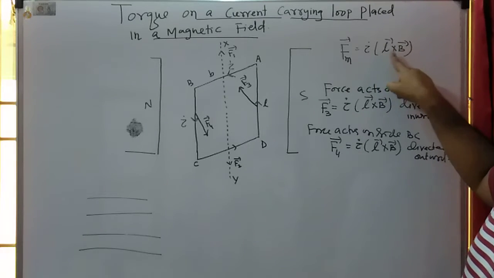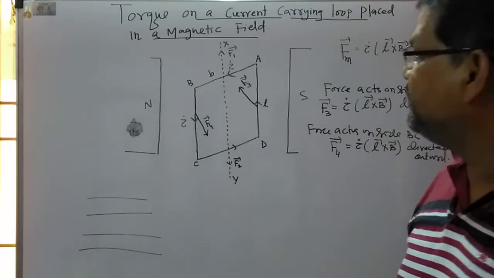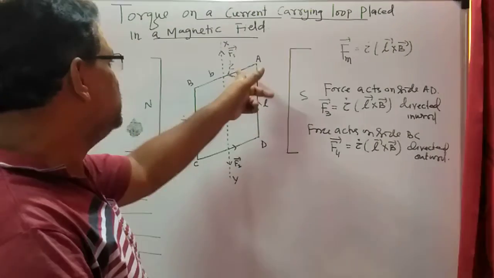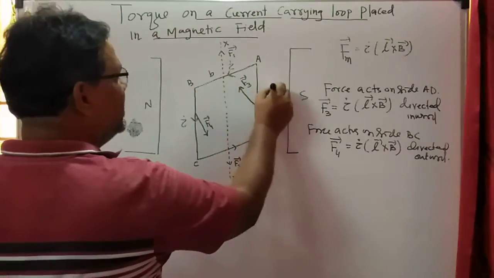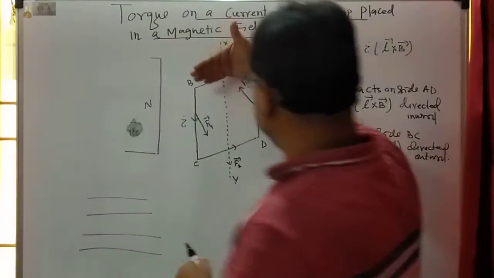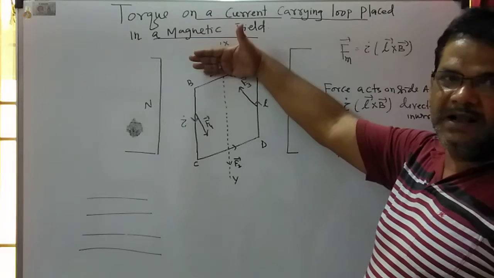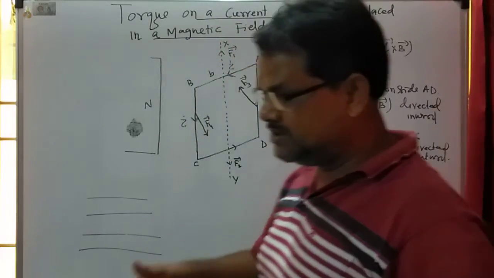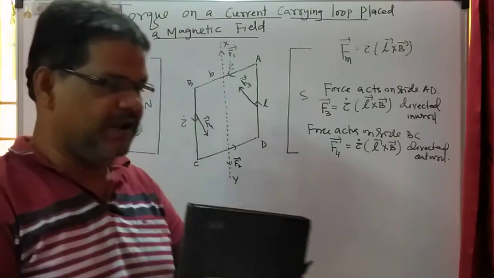If L and B lie on a plane, F will be perpendicular to that plane. L is acting along this way, and the magnetic field is along this way. If you turn from length L to magnetic field B, what will be the direction? This is the rectangular coil.